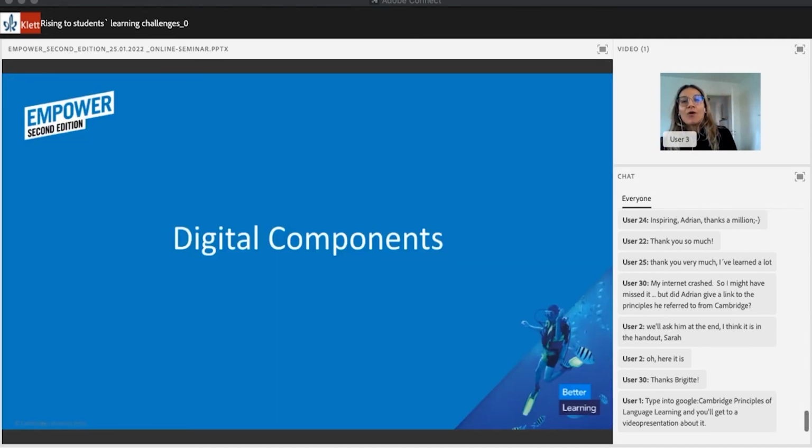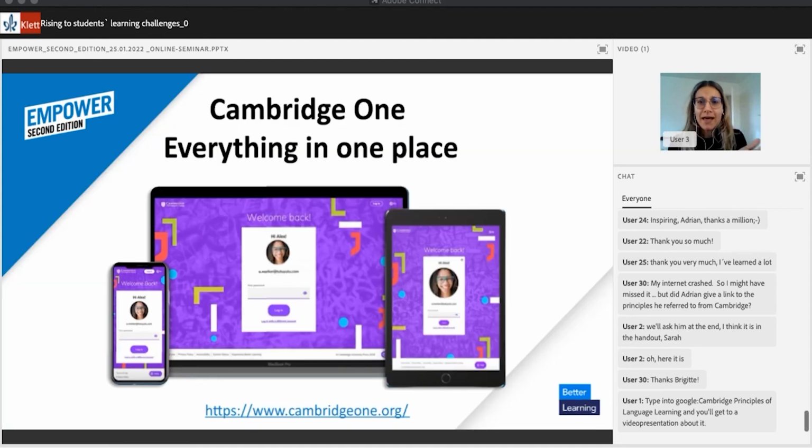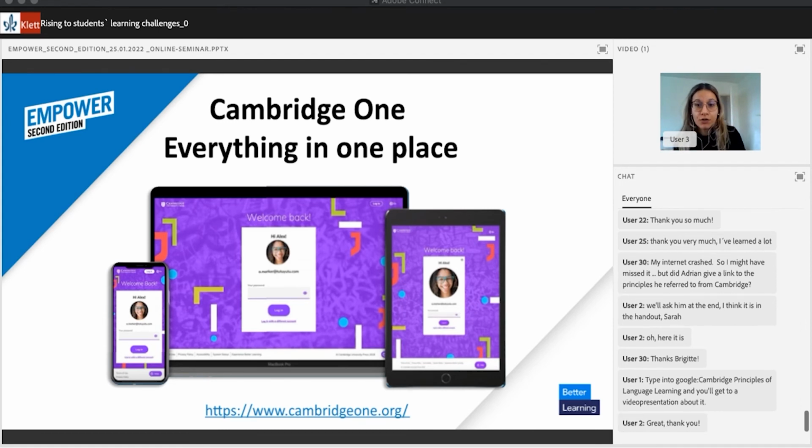Now, let's look at the digital components. As I said, the platform where everything is, is Cambridge One, our new platform. The digital component used to be on the CLMS, which will retire in July 2024.